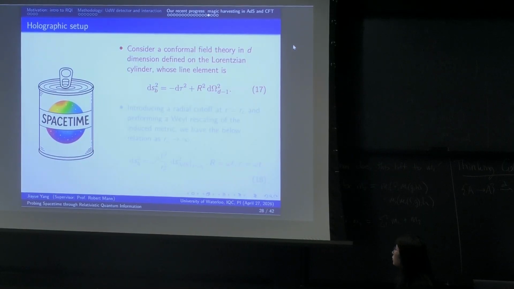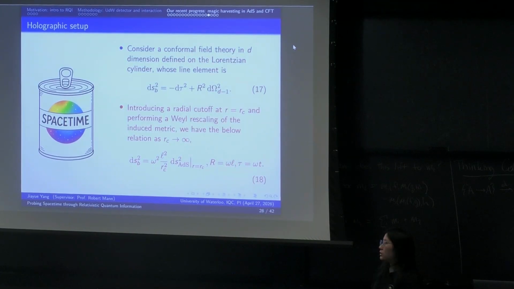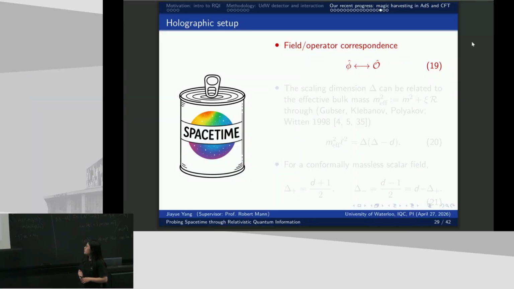And also, we want to study holography. So we consider a holographic setup. We consider the conformal field theory on a Lorentzian cylinder, which is given by this line element. And it can be related to the line element of the AdS by performing a Weyl rescaling. And in the holographic dictionary, the bulk operator phi in the bulk AdS is dual to the CFT primary operator O on the boundary.